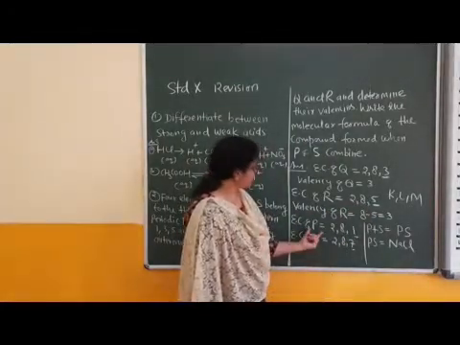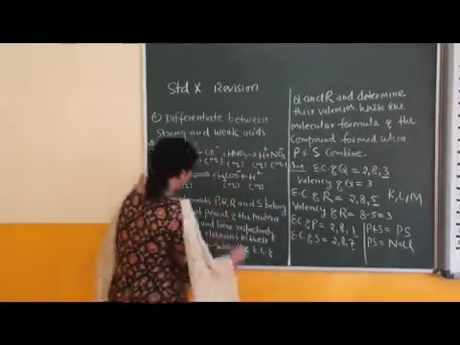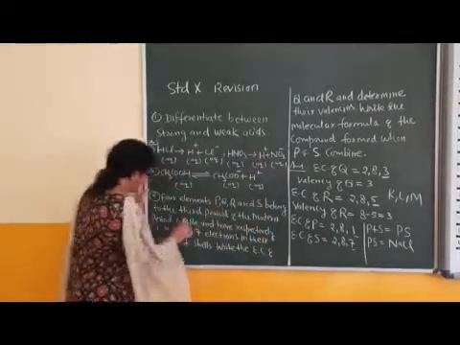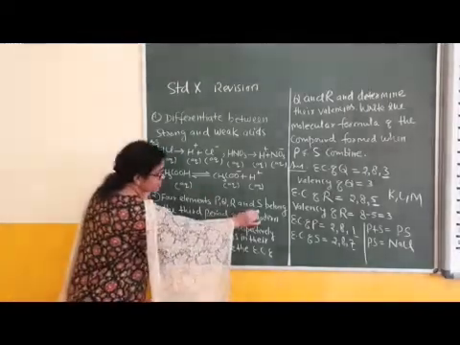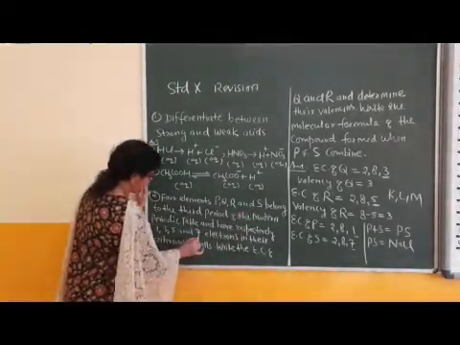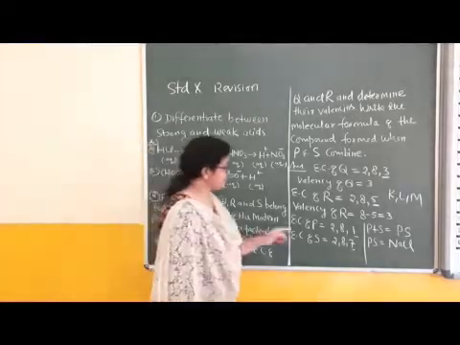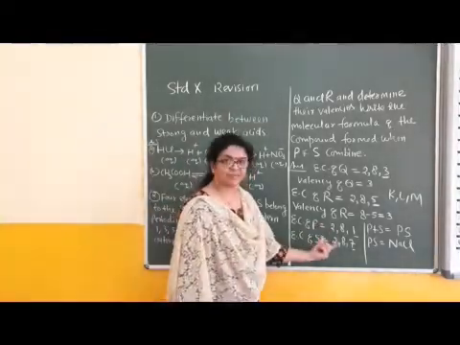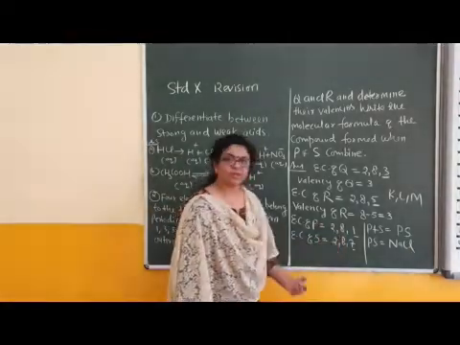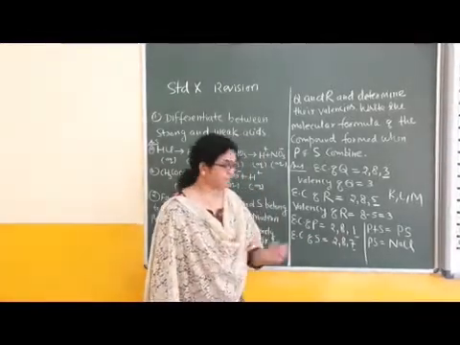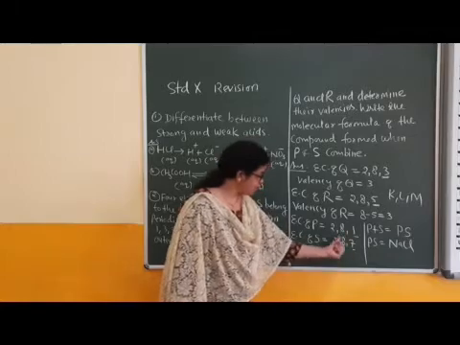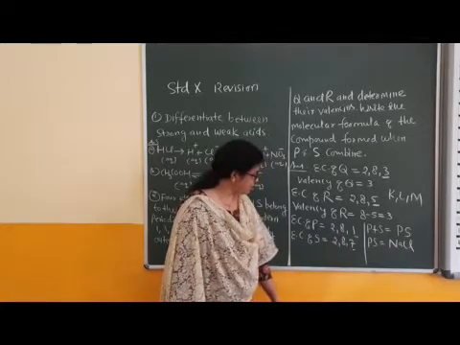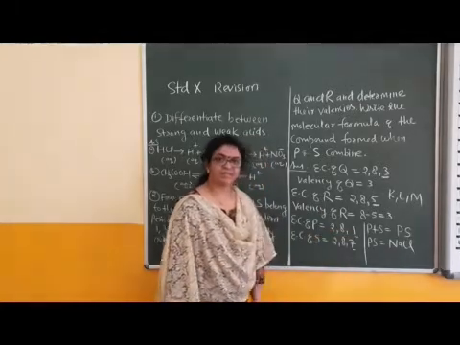Electronic configuration of element P: P is the first element and one valence electron is present. S is the last element and 7 valence electrons are present. Both elements are placed in the third period, so a total of 3 shells are present: K, L, M. This element is metallic in nature.